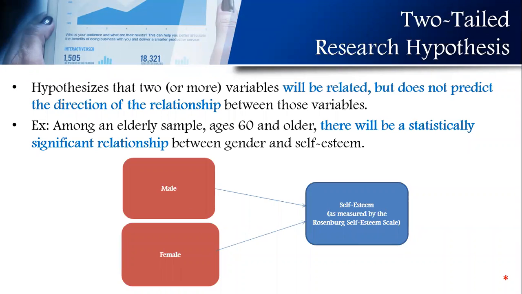A two-tailed hypothesis suggests that two or more variables will be related, but does not predict the direction of the relationship between those variables. For example, a two-tailed research hypothesis might be, among an elderly sample, ages 60 and older, there will be a statistically significant relationship between gender and self-esteem.